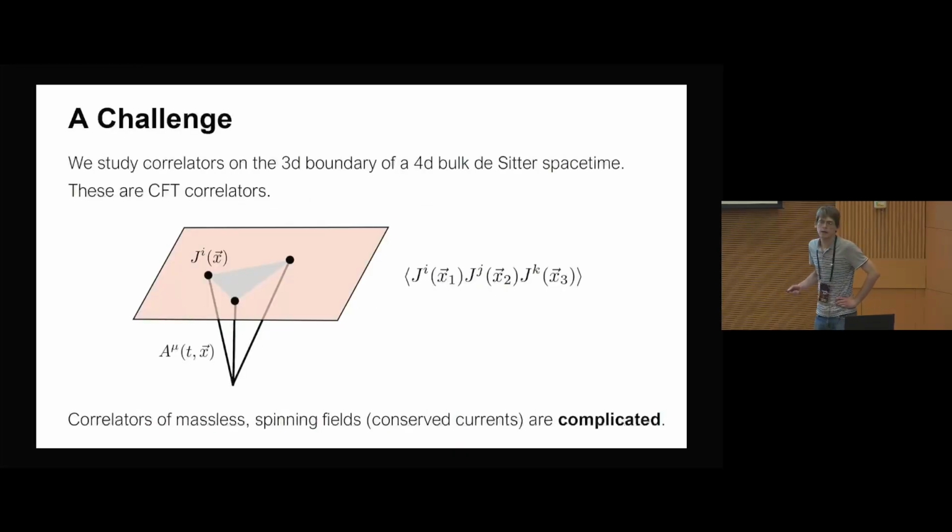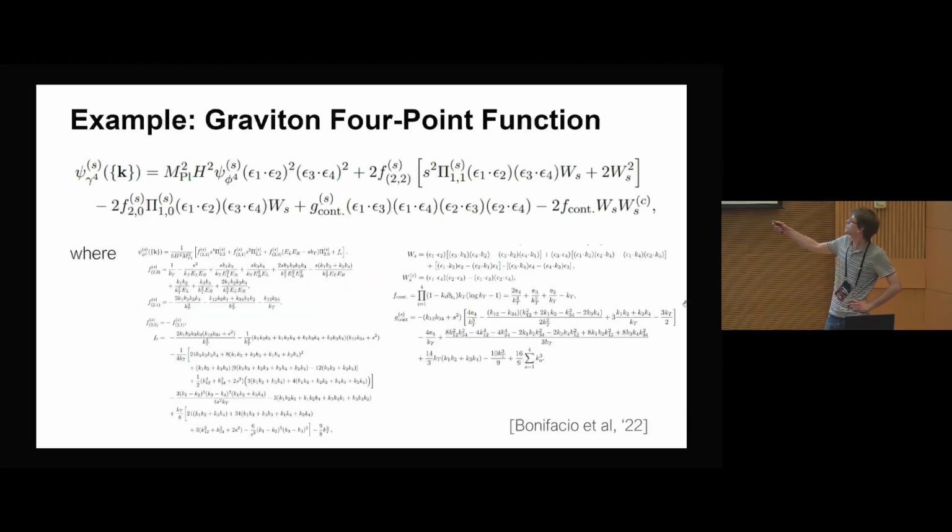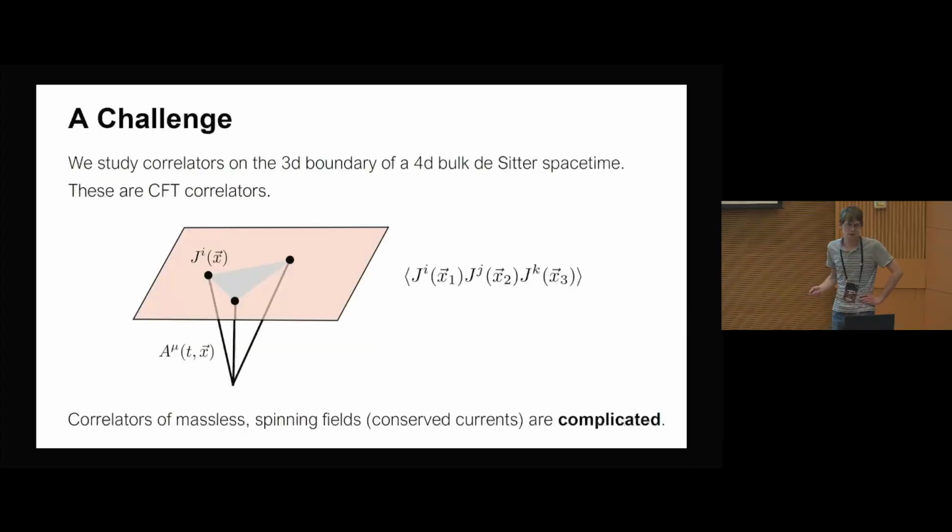As Enrico explained very nicely today, in the cosmological bootstrap community, we study correlators of operators that are located on the three-dimensional boundary of a four-dimensional bulk spacetime, which we will consider to be de Sitter spacetime. Due to the isometries of the four-dimensional bulk space, these boundary correlators are invariant under conformal transformations, and hence they are basically like CFT correlators.